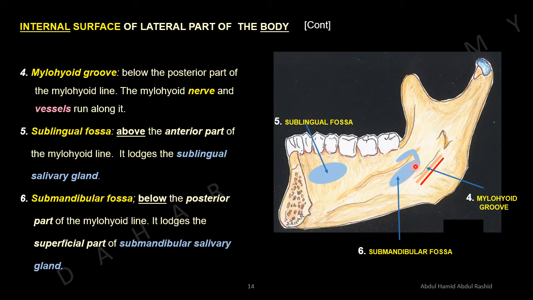The deep part will go around the mylohyoid line, that is the mylohyoid muscle, and the deep part is deep to the mylohyoid. So this is the submandibular salivary gland, superficial part. This is the sublingual salivary gland located here.